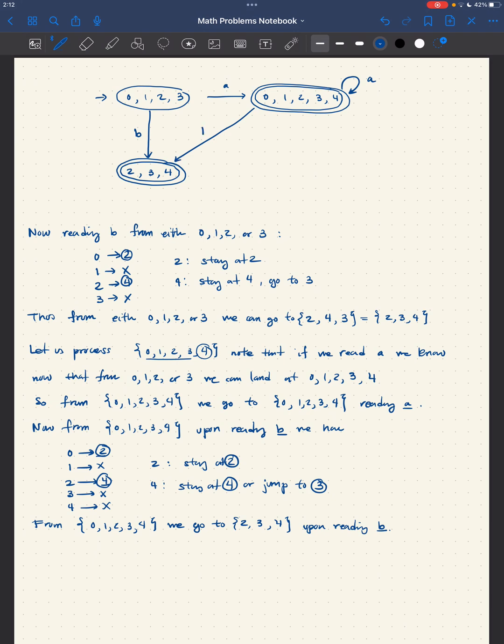That's an arrow here. Here we have our B. Well, we're done processing this state. Now it's time to process this one and see what happens. So one more time.